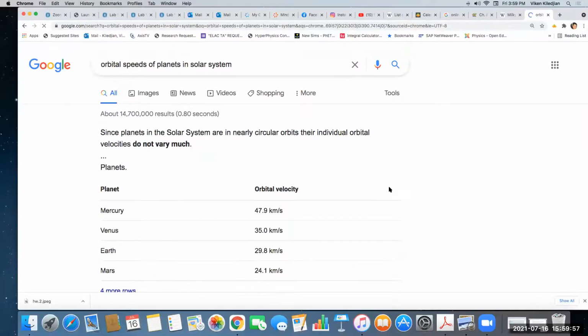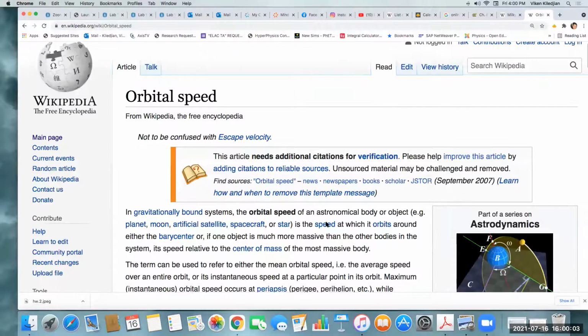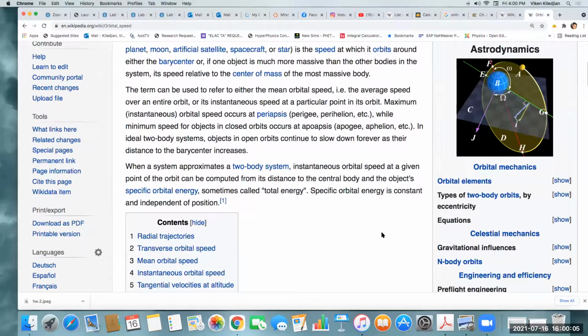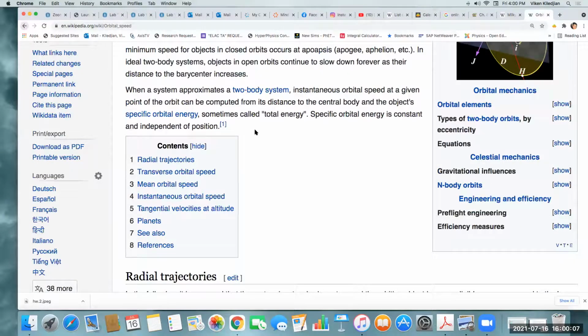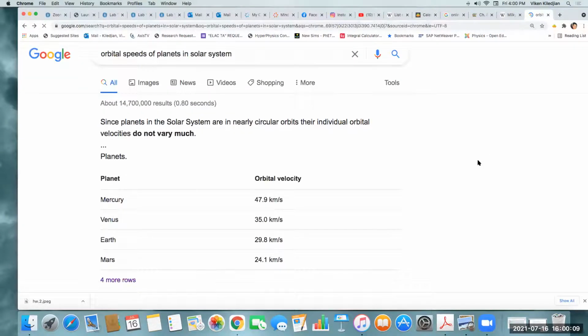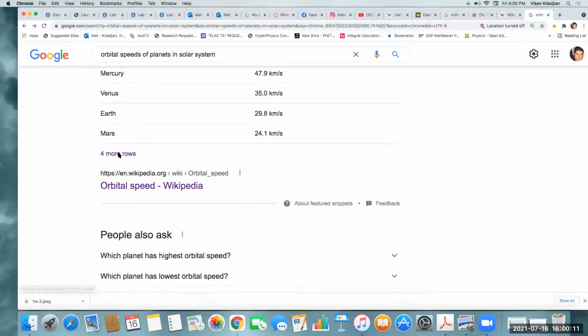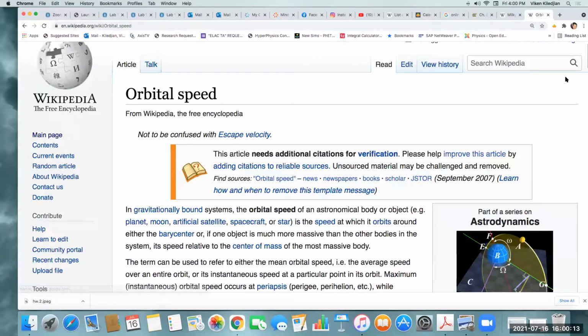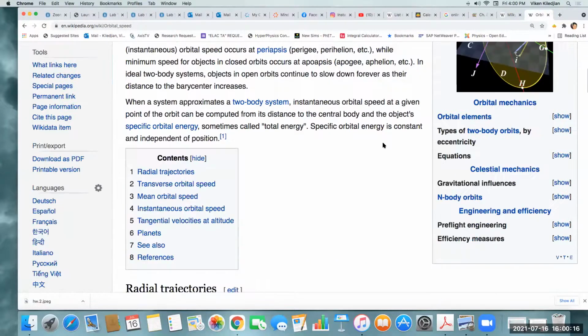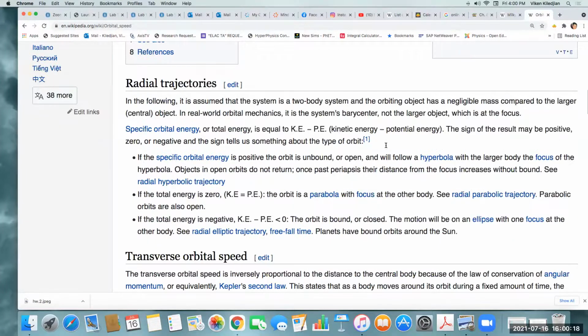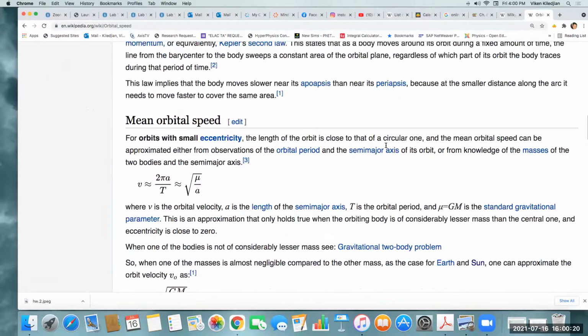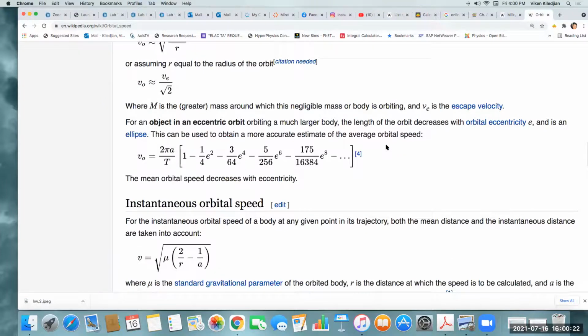Notice how, as you go farther away, orbital speed is essentially just a word for how fast an object goes around the sun.